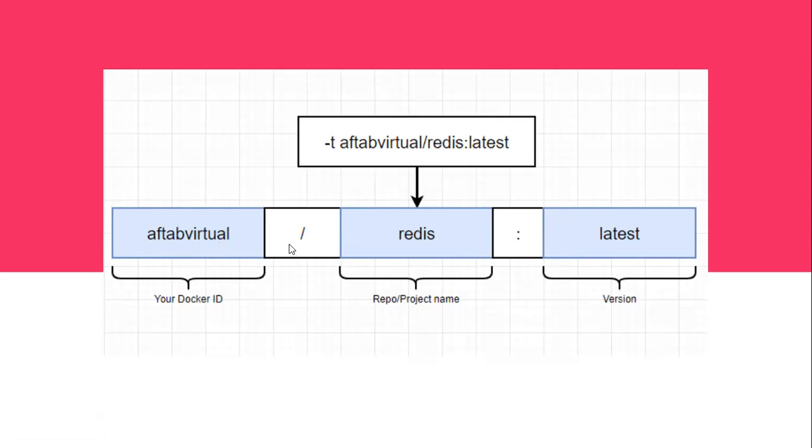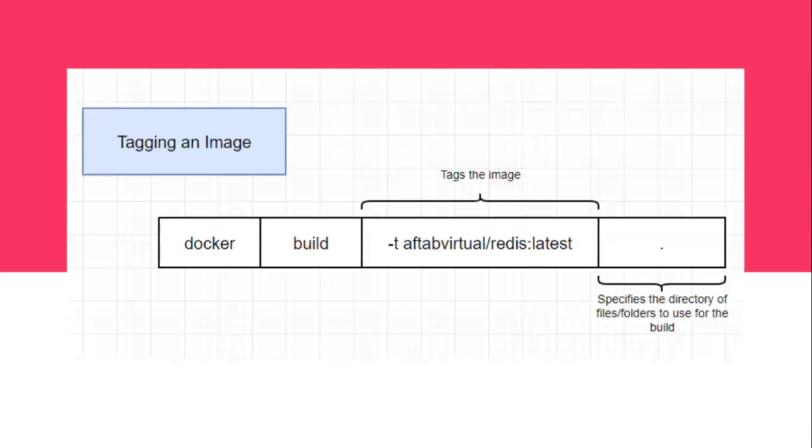So whenever I push this image, it will look for this Docker Hub account, then it will create this repository project, and this is the tag, the version of that application. That's why tagging is very important in order to keep track of your images.